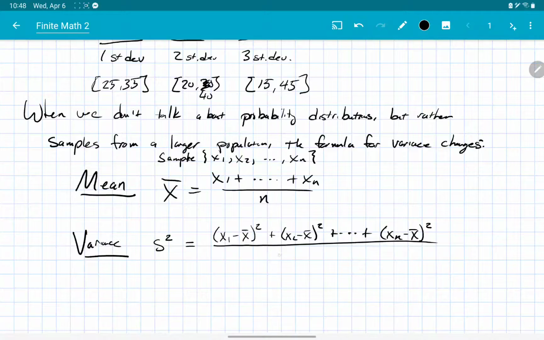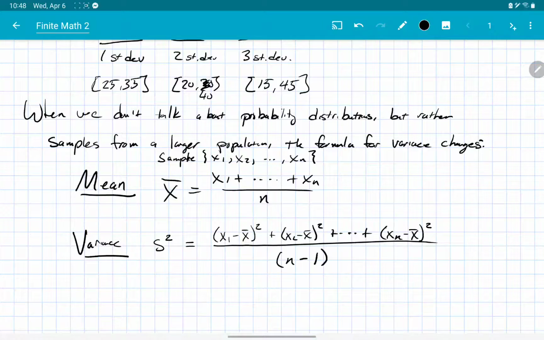But actually, for very technical reasons, we divide by n minus 1 instead. So when you find the variance from a sample of 100, you divide by 99. Now that's not going to make that much difference. Dividing a number by 100 versus dividing a number by 99 is usually not going to make that much difference in the number. But with small samples, it makes a difference.